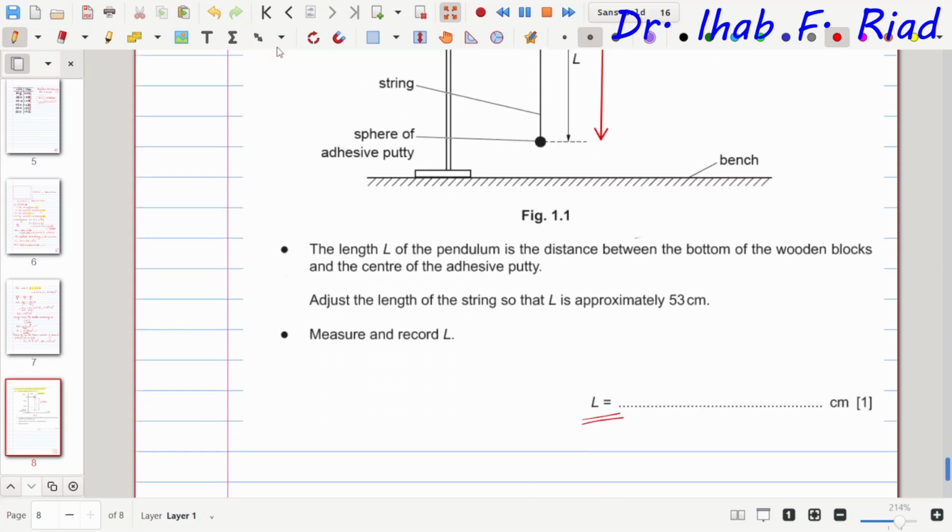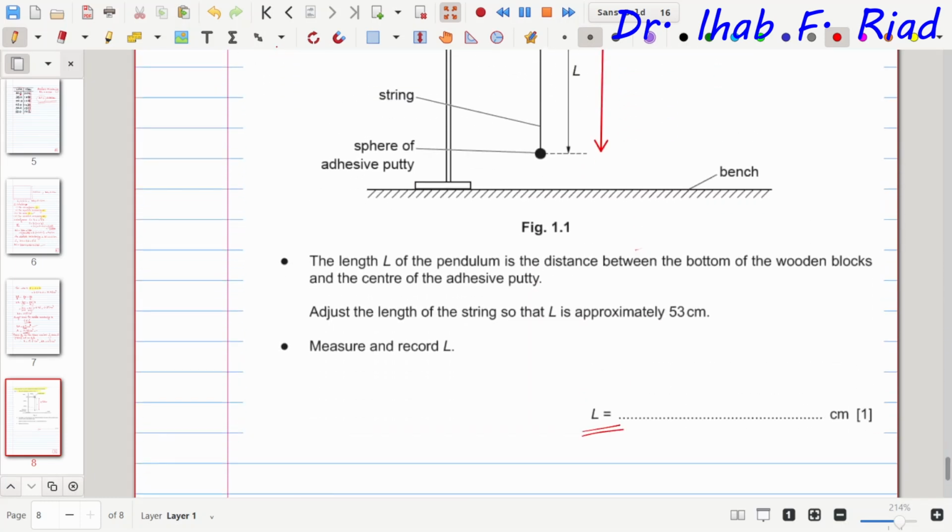Take at least 2 readings for L. Use your meter ruler and take 2 measurements for the length.